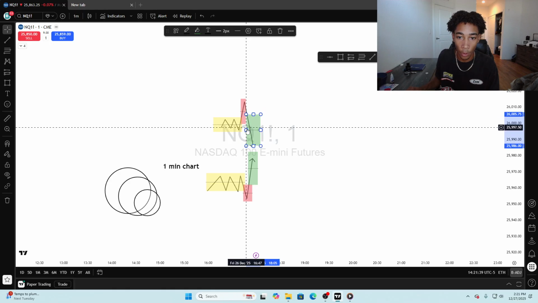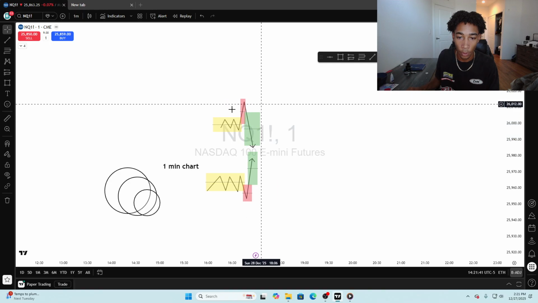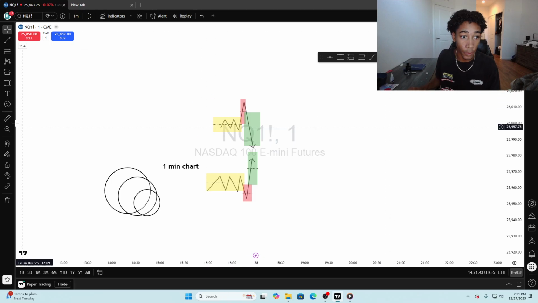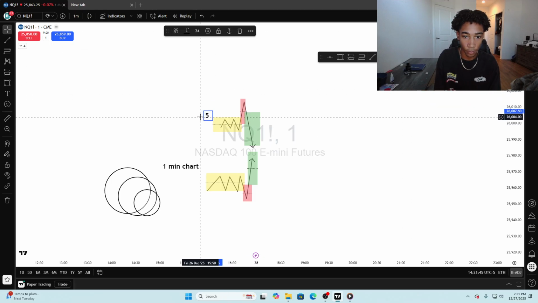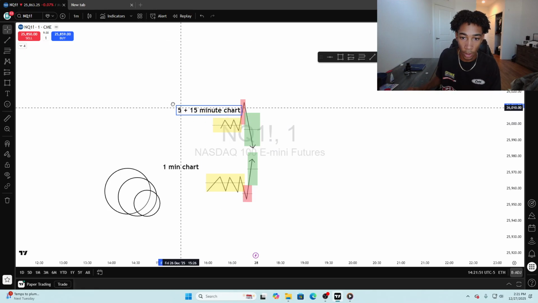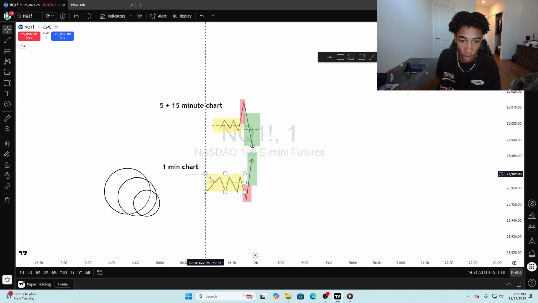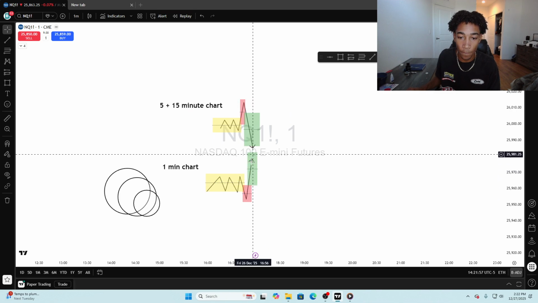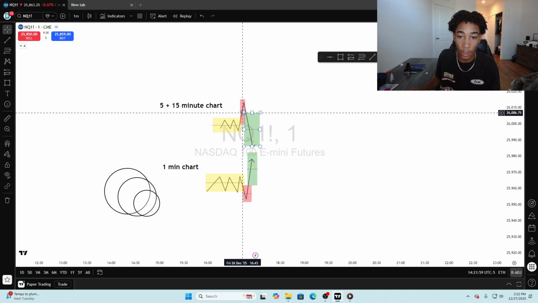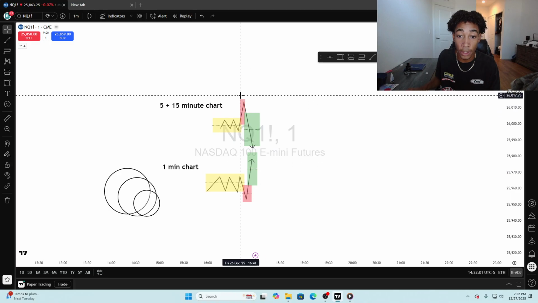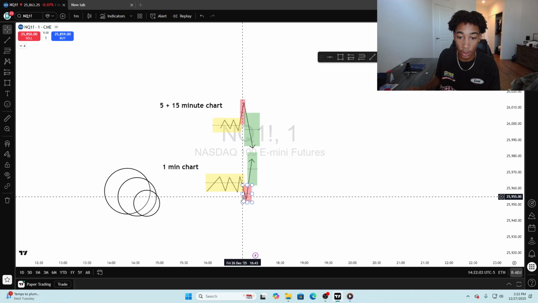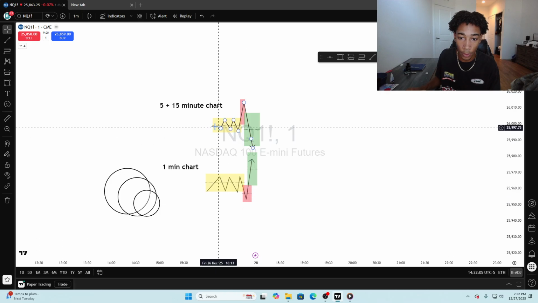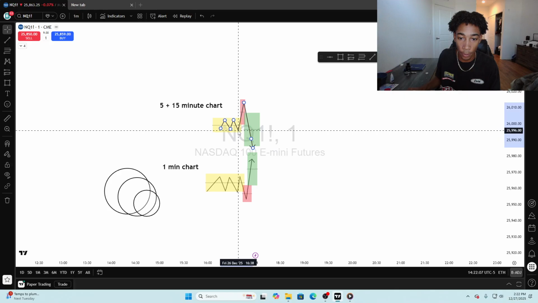So that being said, this is your 5 and 15 minute chart, and this is how it is from the 1 minute right here. So this distribution leg on the 1 minute chart is actually the manipulation leg on the 5 and 15 minute chart.